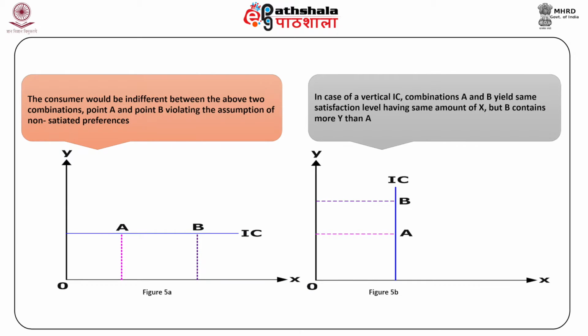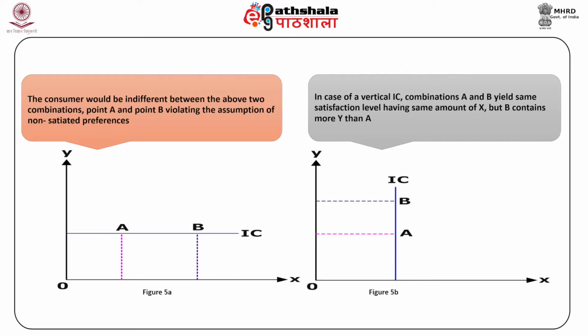Instead of being negatively sloped, if indifference curves were horizontal, the consumer would be indifferent between the above two combinations, point A and point B. But this would violate our assumption of non-satiated preferences, ruling out horizontal indifference curves when the two goods are normal.